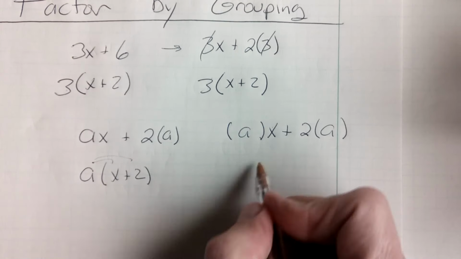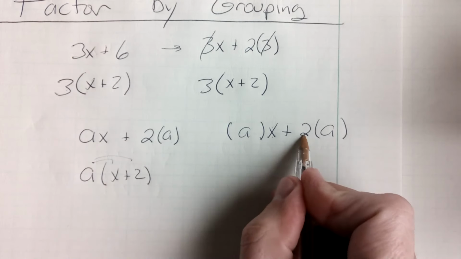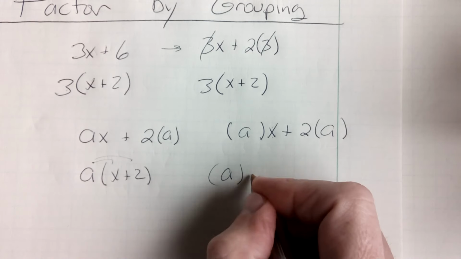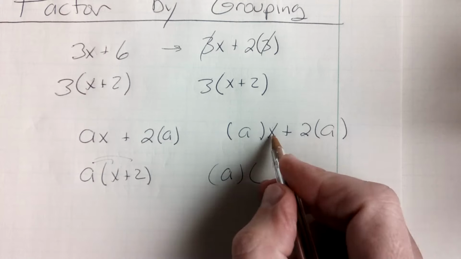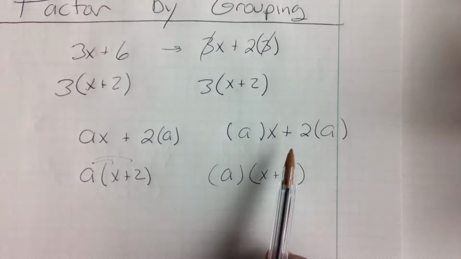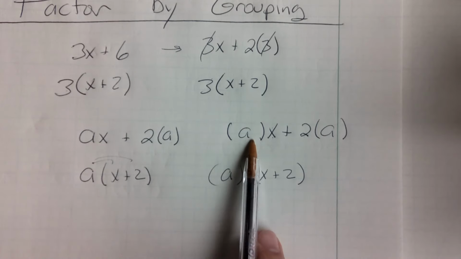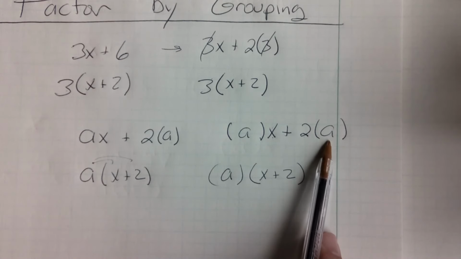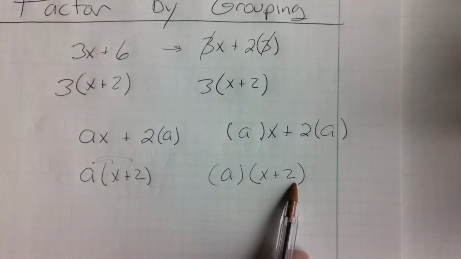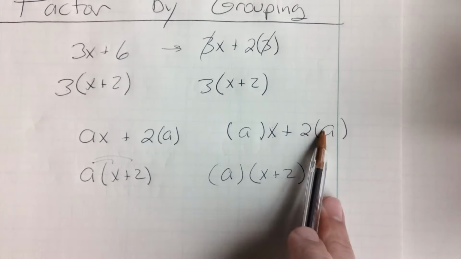Again, I'm going to factor it away from the x and the 2. So if I factor away that a, that's in parentheses, and I put parentheses, what's left? X plus 2. Now, I want you to look up here and notice that I actually had 2 sets of parentheses up here. Down here, I have 2 sets of parentheses again. And these 2 sets of parentheses became 1.